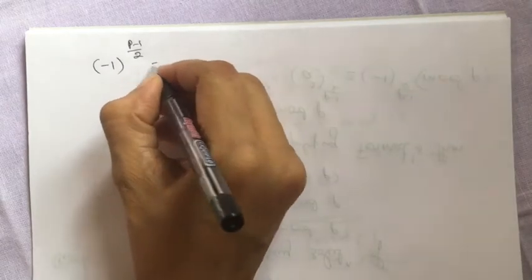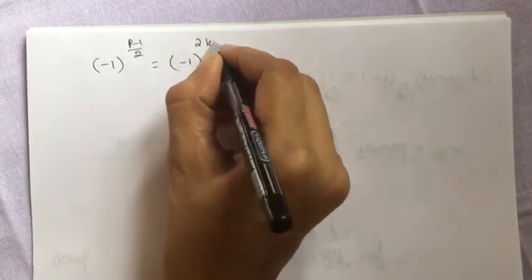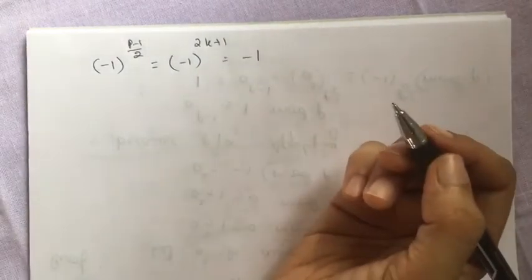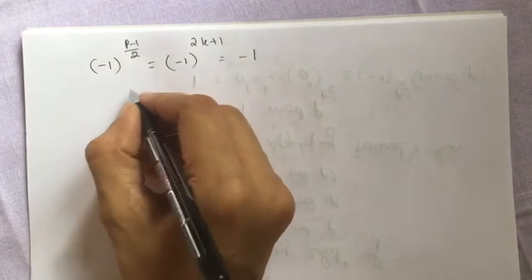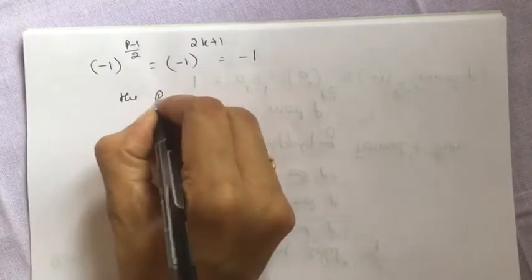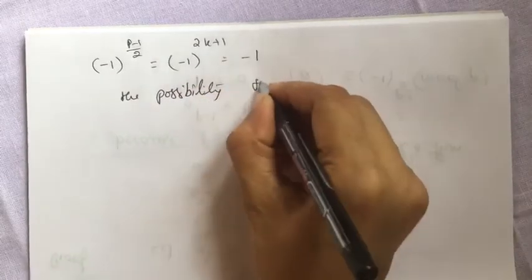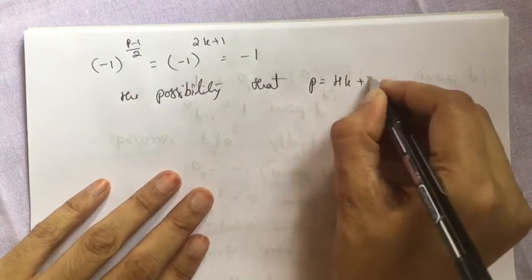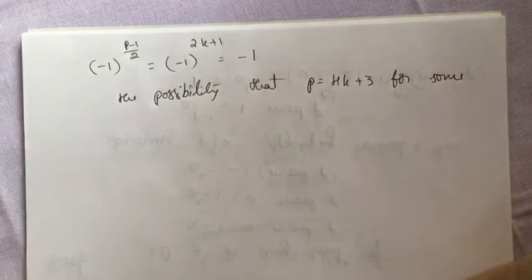So this is equal to minus 1 power 2k plus 1, which is nothing but minus 1. Therefore, I can say the possibility that p equal to 4k plus 3 for some k will not arise.